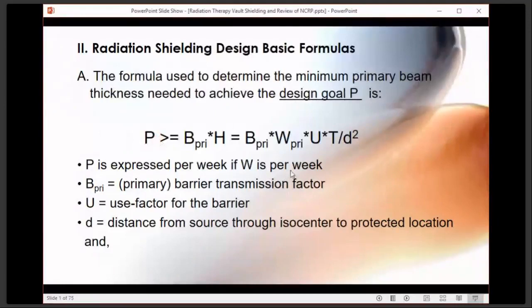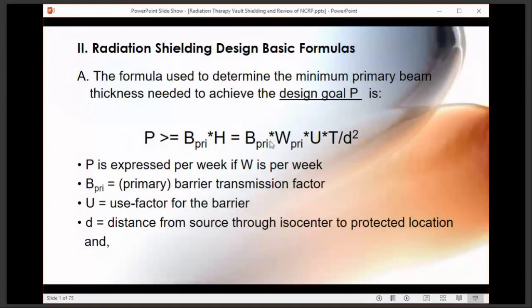So the first thing that's important to remember in doing these kinds of calculations is to get all your units consistent, and the design goal should be expressed in the same units and time period as the workload. So what does this formula say?